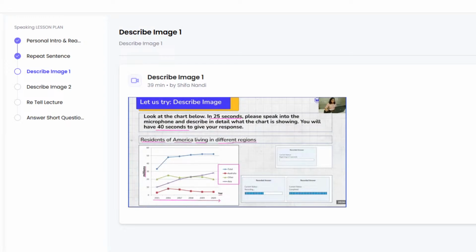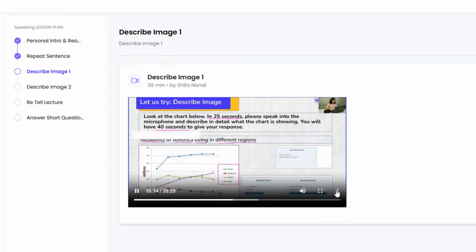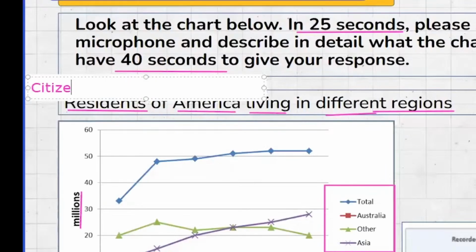We are also going to think about some possible synonyms for the keywords in the question. So what do you think students should we use in place of residents? Well, we could also mention the citizens of America, right? Citizens of America or the United States.